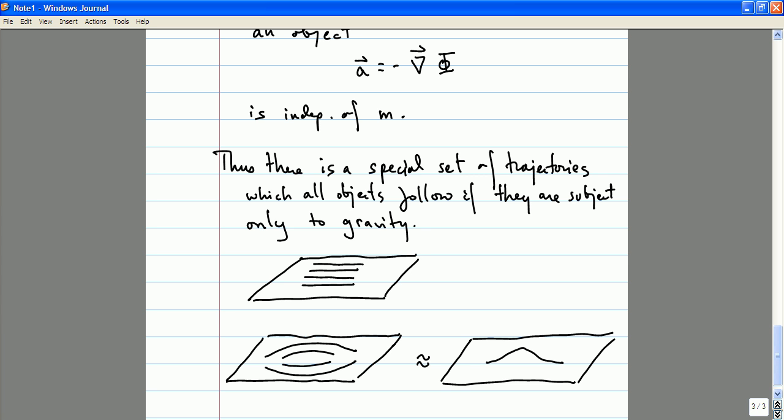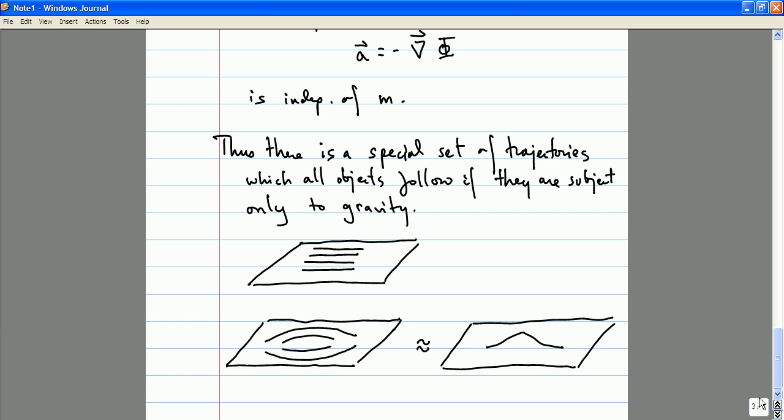In the context of general relativity, what we mean by a flat space is that the invariant interval is given by the formula in special relativity that we worked out earlier in this course. So in general relativity, that's even worth writing down. What do we mean by a flat space?